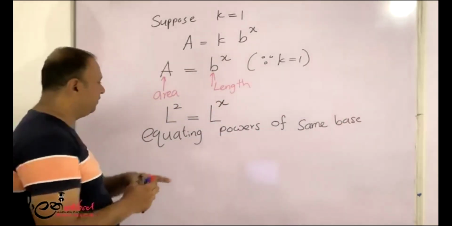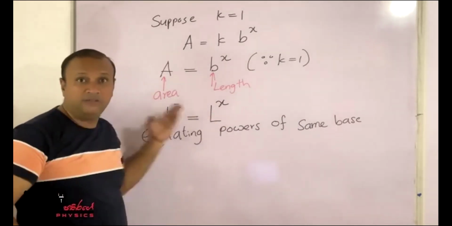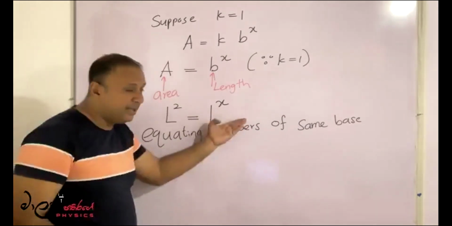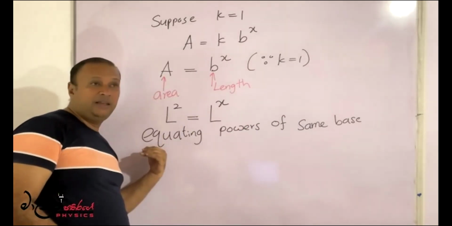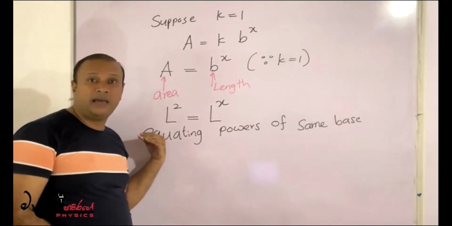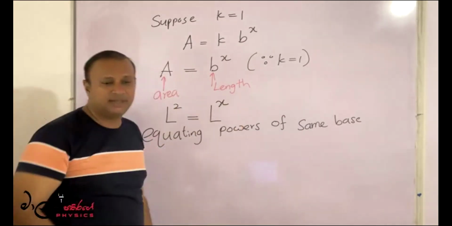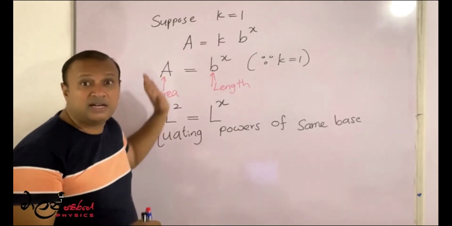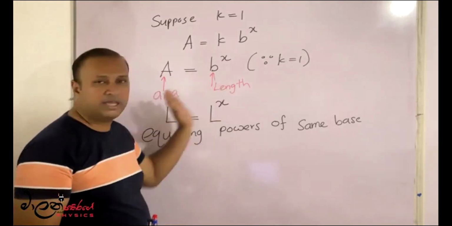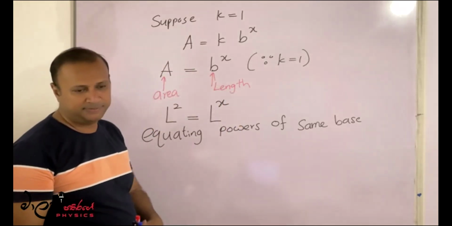That means if there are two Ls on the left hand side, there should be two Ls on the right hand side. If there are four, then the right hand side should have four. Likewise, the powers of the same base should be equal in an equation.